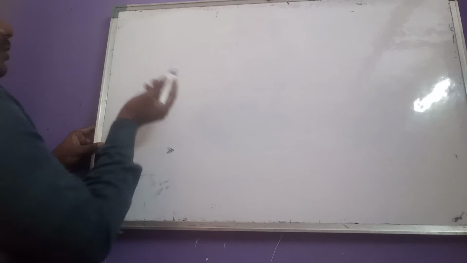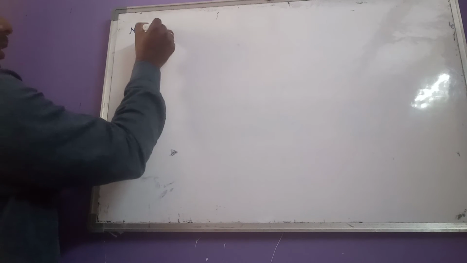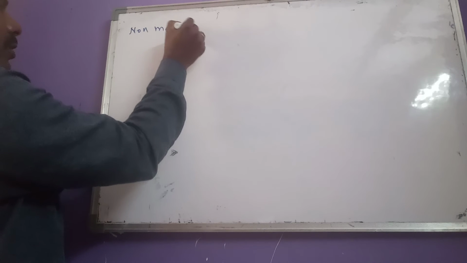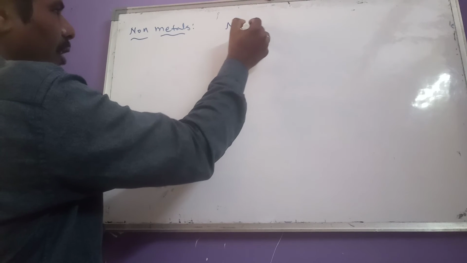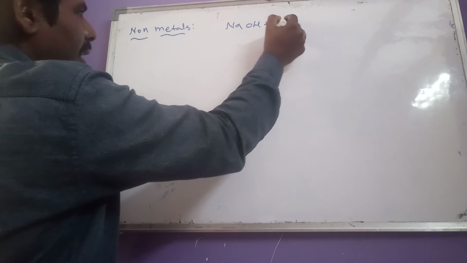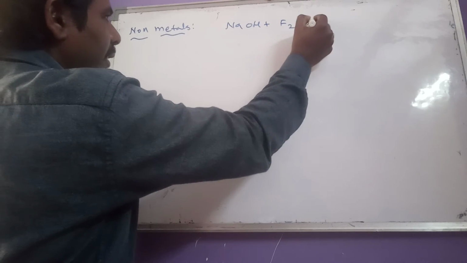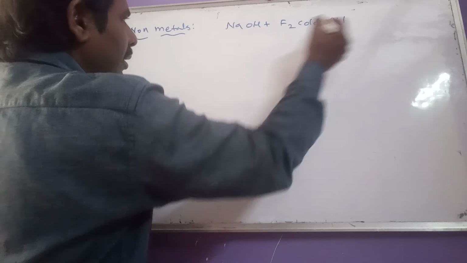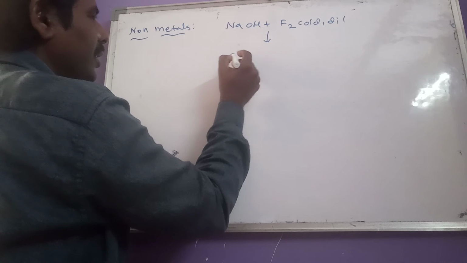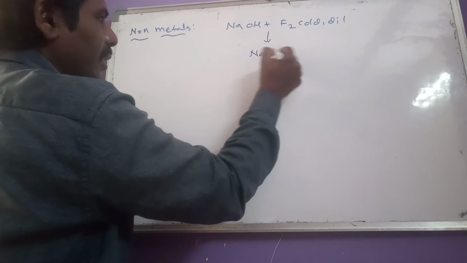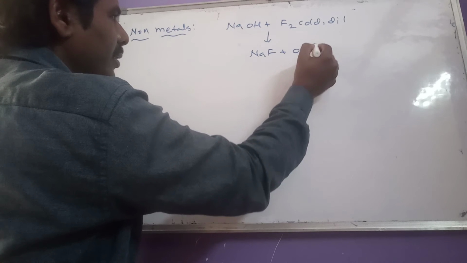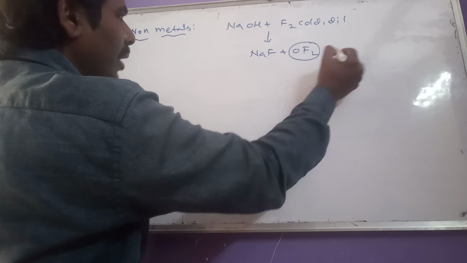Now the reaction of non-metals with NaOH. In that, especially fluorine we have to consider here. When fluorine reacts with cold and dilute NaOH, the major product is OF2, which we have to concentrate on.